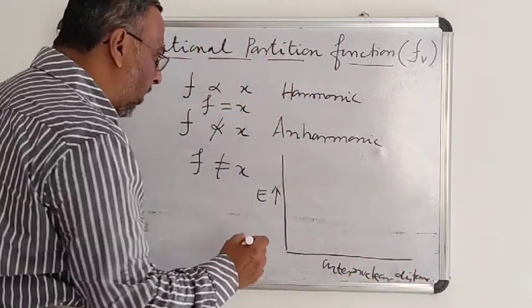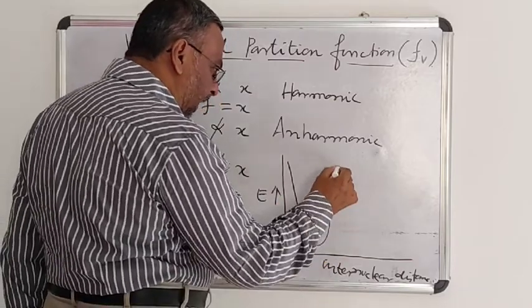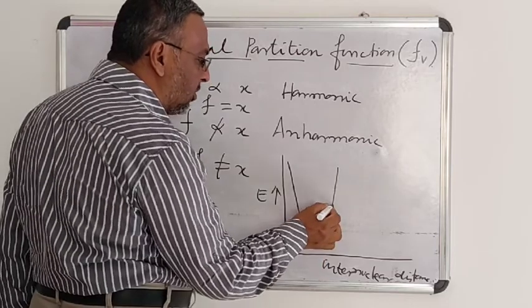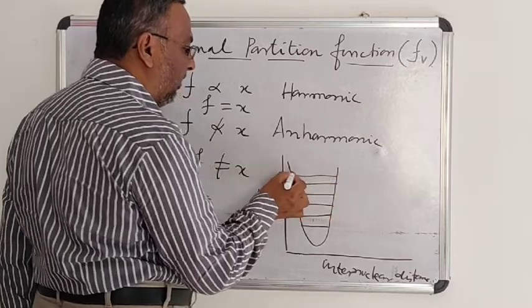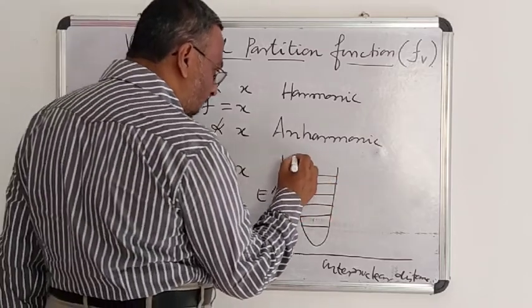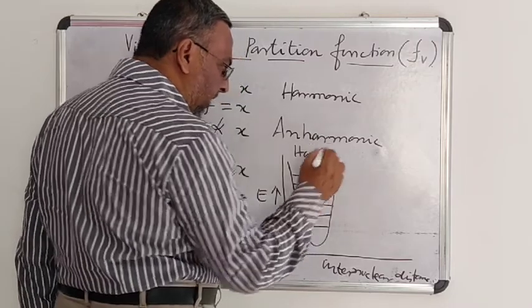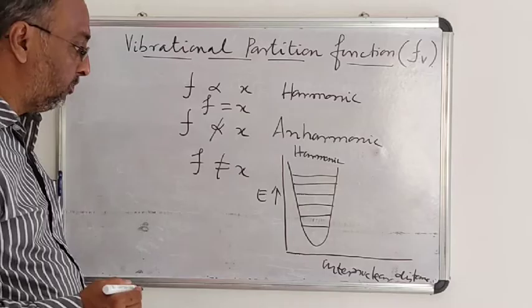In the case of harmonic motion, we get a parabolic curve like this, and the vibrational energy levels are equally spaced.